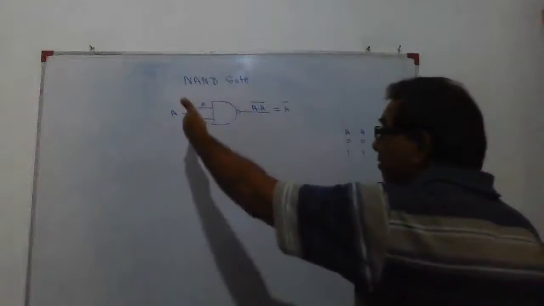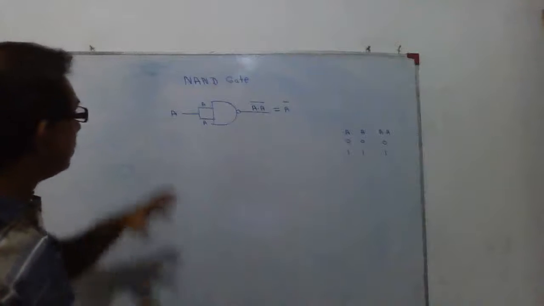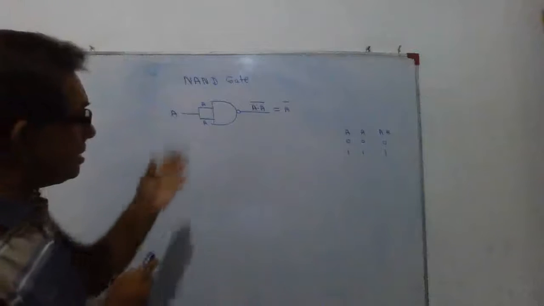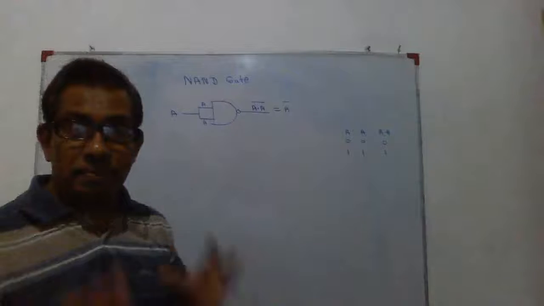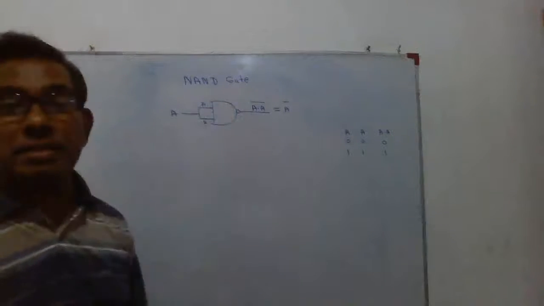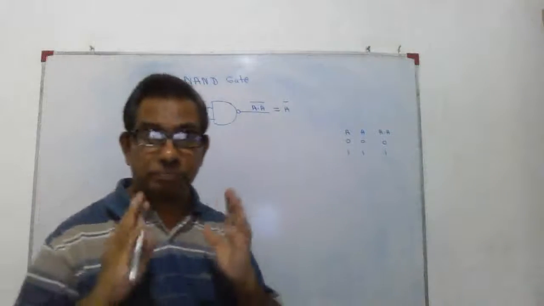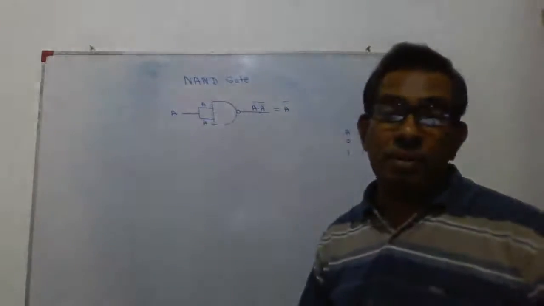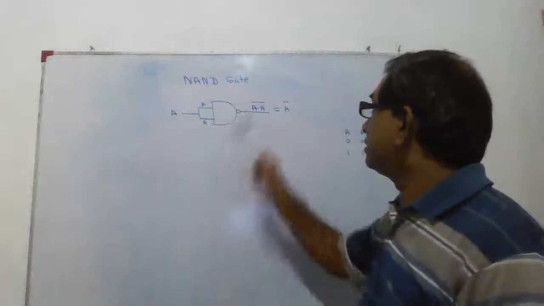Now what has happened here? You have entered A into an AND gate and taken A bar as the output. So what is this? This is actually NOT gate. Right. I think this is the idea. You may have taken the idea as NOT gate.